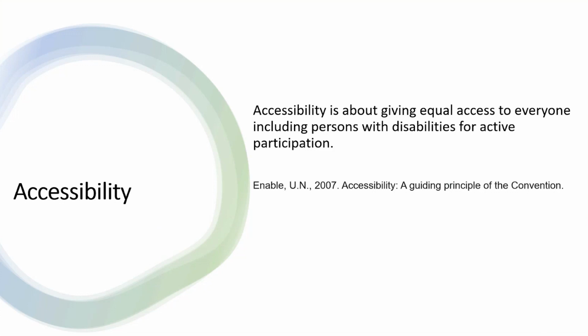I used this simple definition of accessibility because it has been defined and conceptualized differently by various authors. I just got this simple one for everyone to understand. It's about providing equal access to everyone, including persons with disabilities, for active participation.